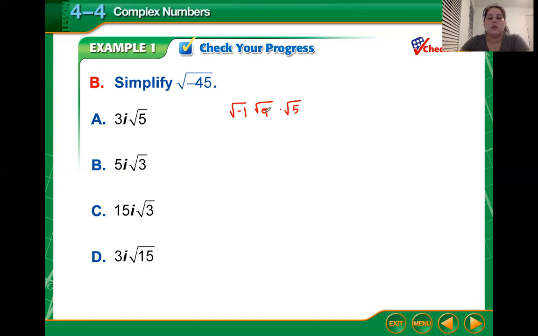Pretty much what we're always trying to do here is find a perfect square that multiplies into our given. So I know 9 times 5 is 45, and 9 is a perfect square. So we get i times 3 times square root of 5, which is just 3i square root of 5, which gets us A.